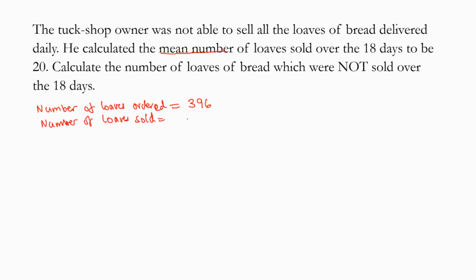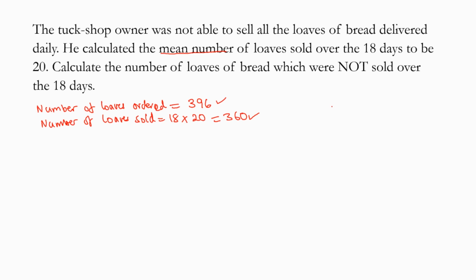Okay, it would be 18 times 20, which is 360 loaves. See that? So we have the number of loaves that were ordered, and then the number of loaves that were sold.